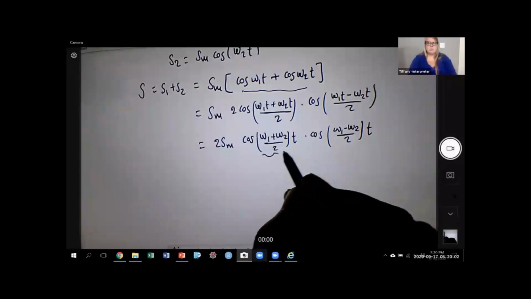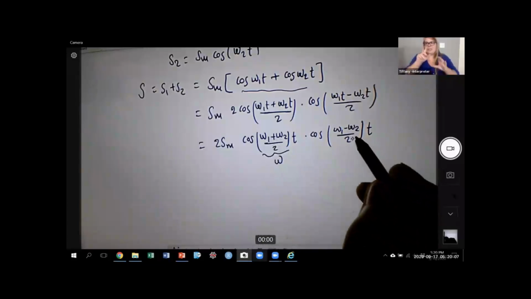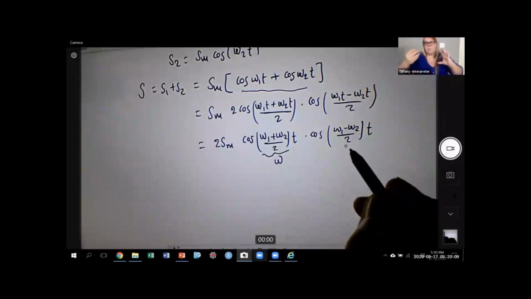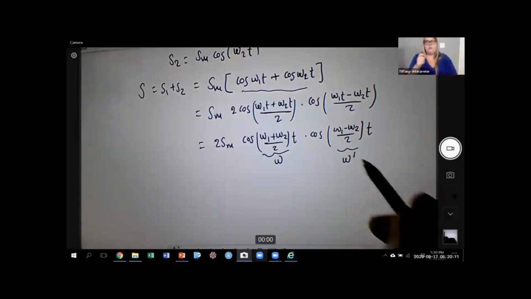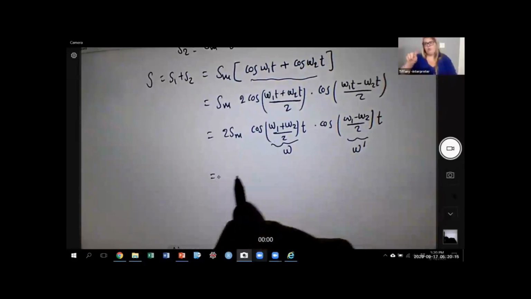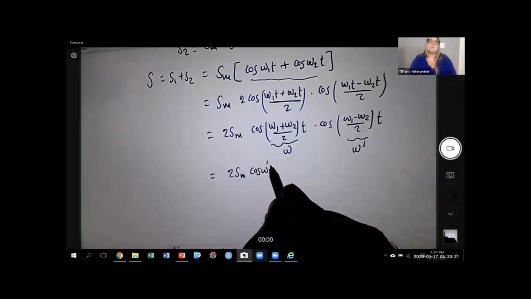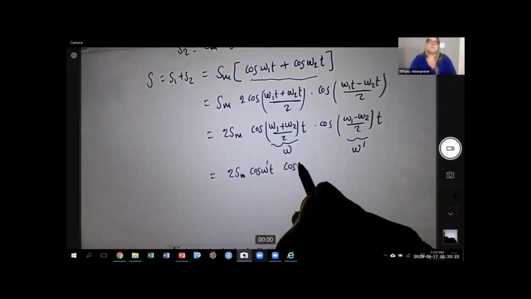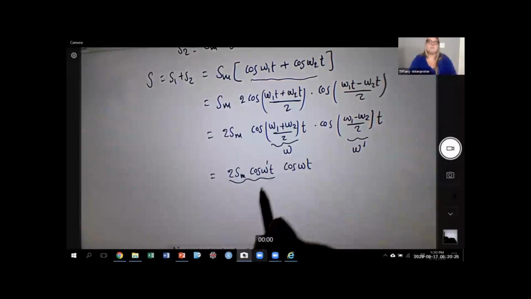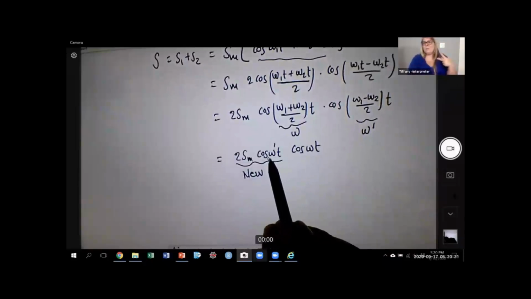And we're going to call this the average frequency. We're going to call this just omega. And this (omega 1 minus omega 2)/2, let's denote by omega prime. Just a shortcut, you know. So then we get 2 S_M cos omega prime t, and cos omega t. So this is now a new amplitude, the amplitude of the resultant wave. But this amplitude depends on time.